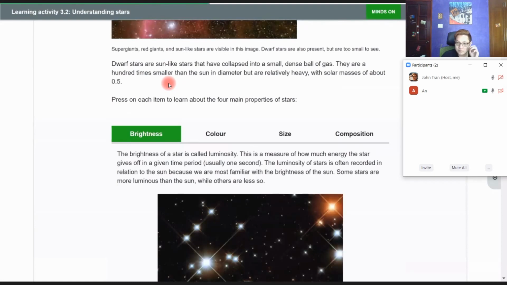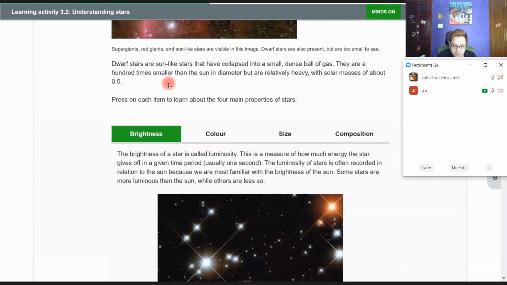Brightness. The brightness of a star is called luminosity. This is a measure of how much energy the star gives off in a given period of time, usually 1 second. The luminosity of a star is often reported in relation to the sun because we are most familiar with the brightness of the sun.